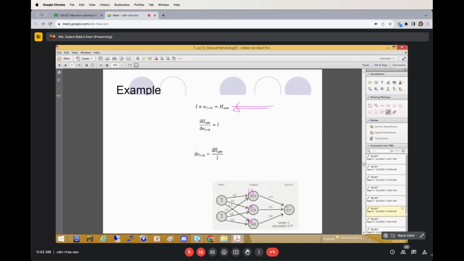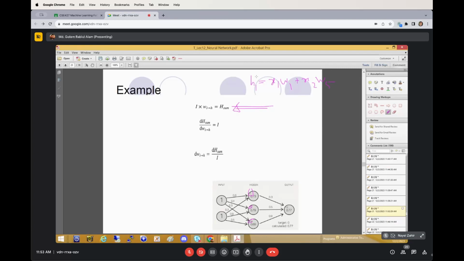To calculate the hidden sum, how have we calculated it? To calculate H1, we did x1 times w1 plus x2 times w5, like this one.